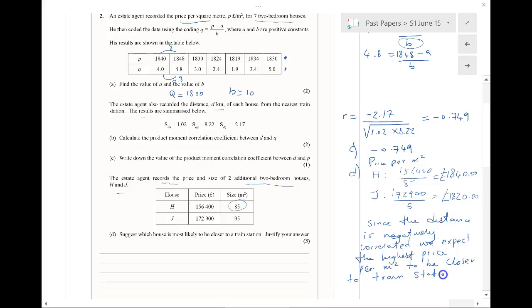But H is the highest price, so that means we expect H is closer to the station. And that's it.